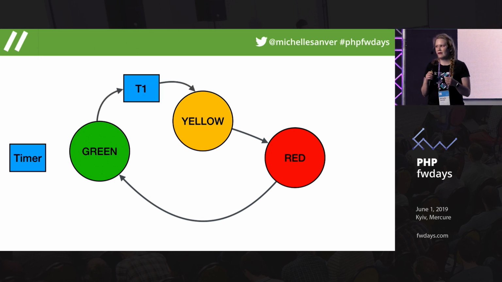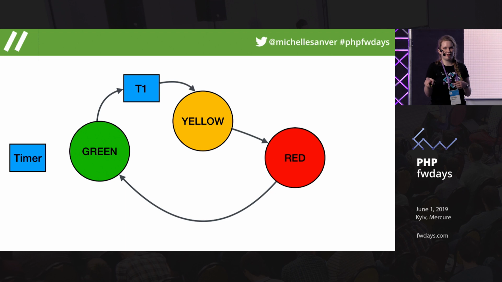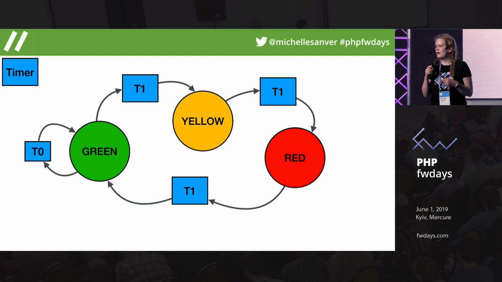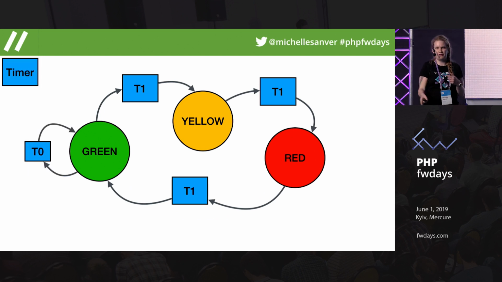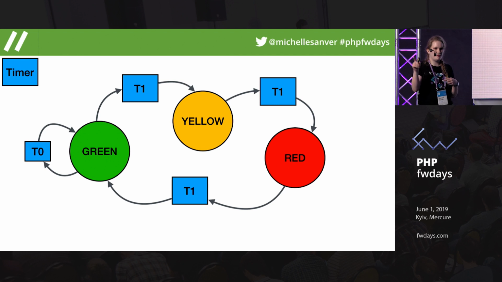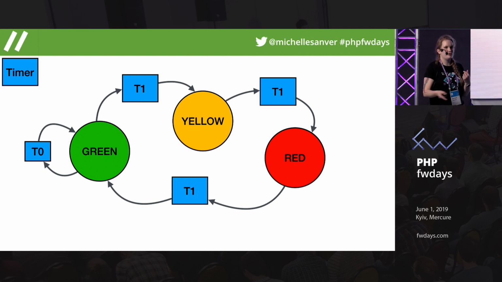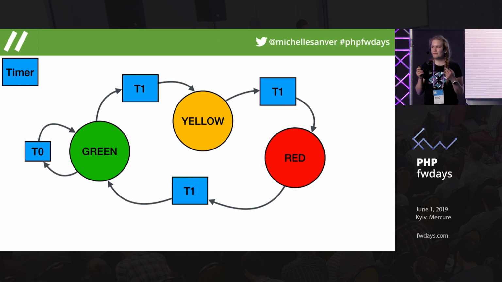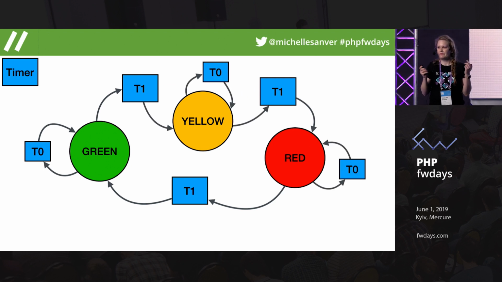Maybe 1 second interval, so it transitions from one state to another in 1 second. And same for all 3. And then if the timer is 0, it goes back to the same state to keep it green. And it keeps it green and it keeps it green. And same for red and yellow.